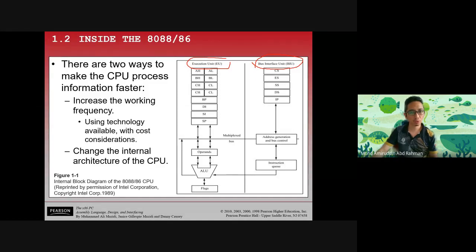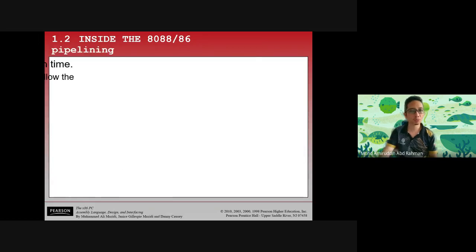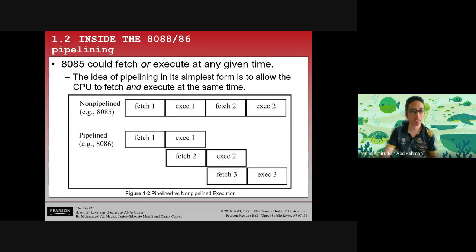This unit and this unit work in parallel. So that is the change of the internal architecture of the CPU, and it can increase the computing processing speed.